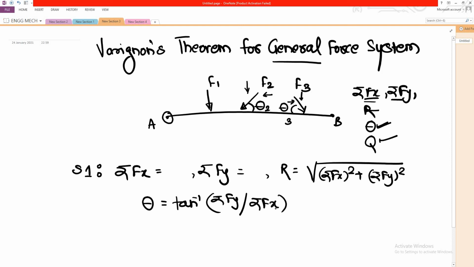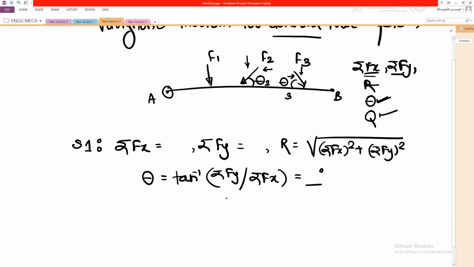No need to worry about the sign, just put the magnitudes, the scalar quantities of Fy and Fx, and get the value of theta in some degrees, whatever the numerical value be. Then the quadrantal position of the resultant will be given by the signs that summation Fx and summation Fy are bearing.